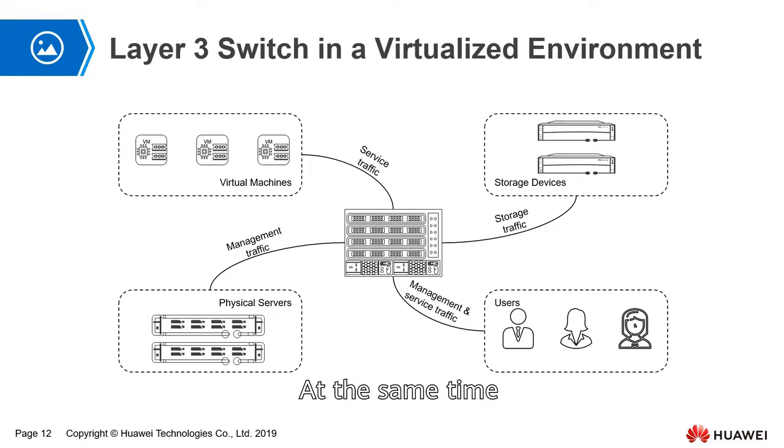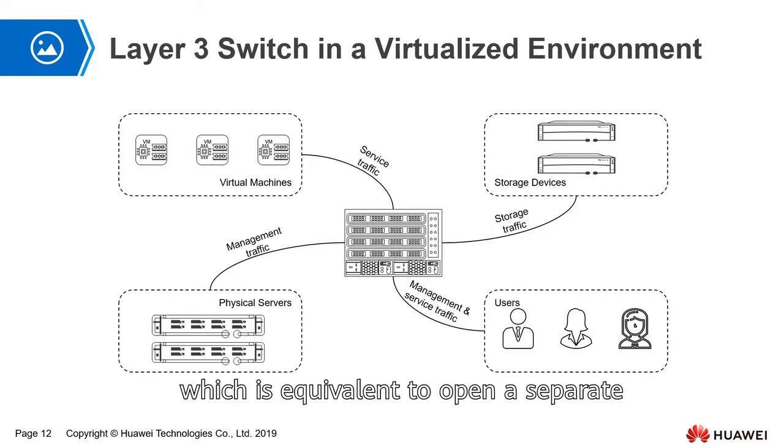For example, a user wants to use management traffic and business traffic at the same time. We will use a layer 3 switch to handle all the traffic. Just like we use a default gateway, this gateway is set on the layer 3 switch, which is equivalent to opening a separate door in each room for each traffic.